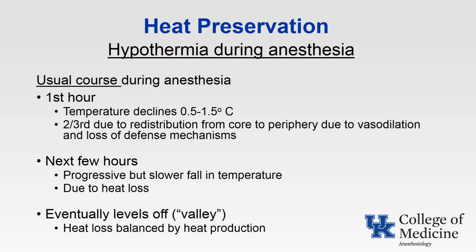Much of this may occur in the holding room before the patient arrives in the operating room. During the next few hours of anesthesia, there is a progressive but slower fall in temperature due to heat loss. Eventually, there is a level off, or a plateau, when heat loss is balanced by heat production.